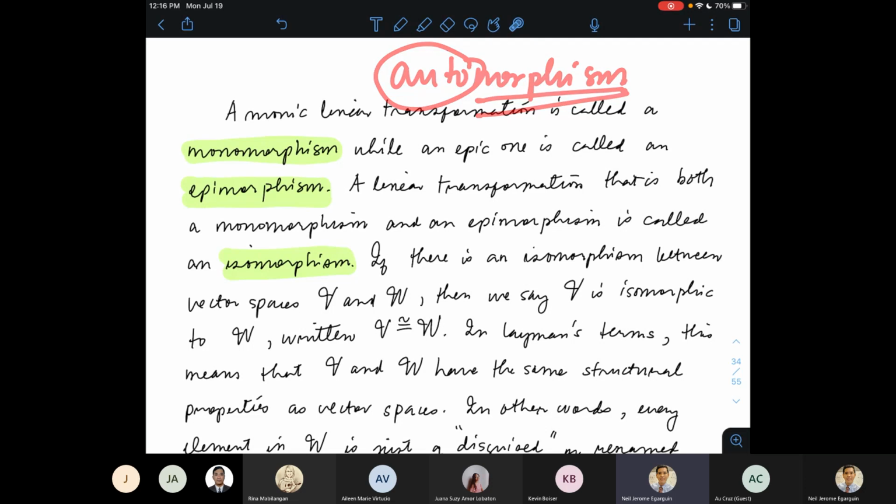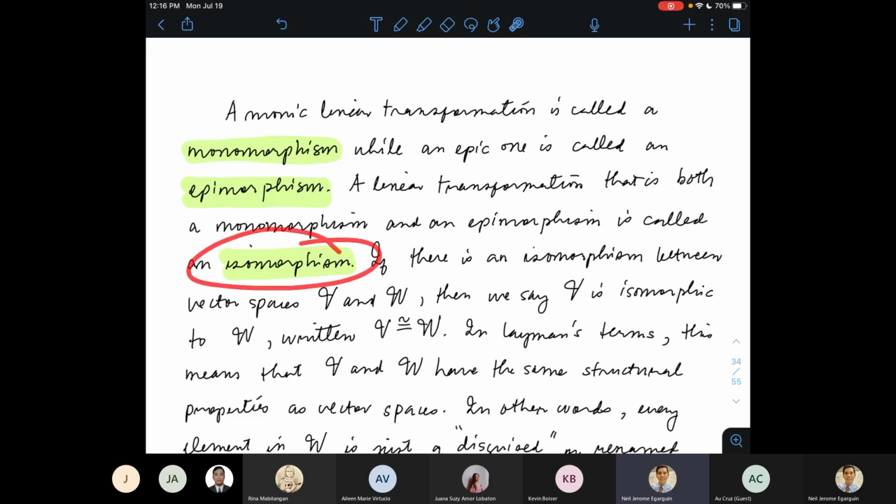Auto meaning from itself to itself. So an automorphism is a linear transformation from a function to itself. So actually, parang mga R to R, mga ganyan, sir. Yeah, pero dapat isomorphism siya. So dapat siya ay isomorphism from a vector space V onto itself. So an automorphism is an isomorphism between a vector space and itself.